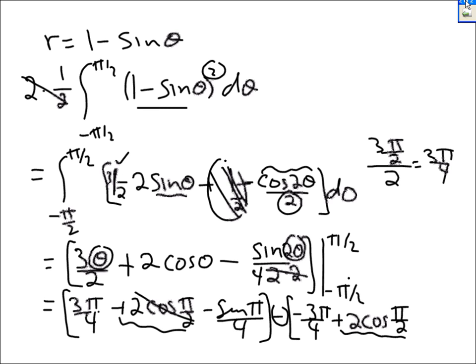You better believe I'm just going to cross them out. Minus the sine of 2 times negative pi over 2, which is negative pi. When it comes to our signs, the negative you can bring in front. It becomes plus. And this is over 4. Okay, let me erase some of this and continue.